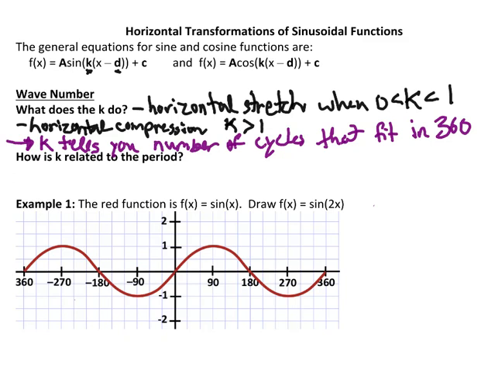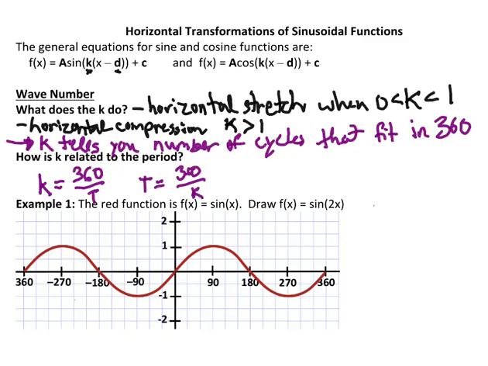And because of that, there's a really nice relationship between k and period, which is that k is 360 divided by the period, and then rearranging that same equation, the period is 360 divided by k, which is another really handy relationship.